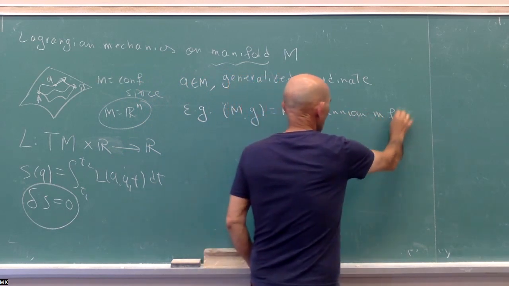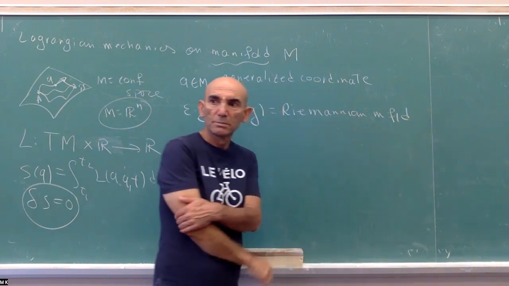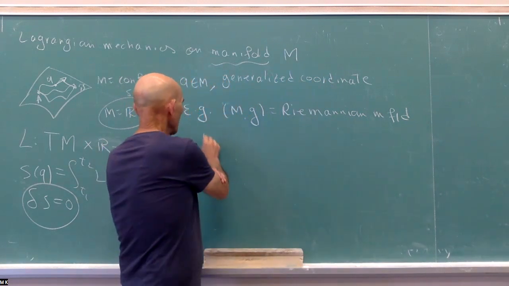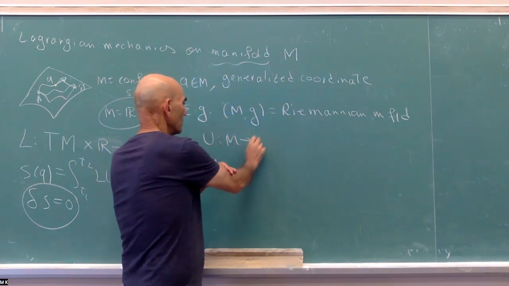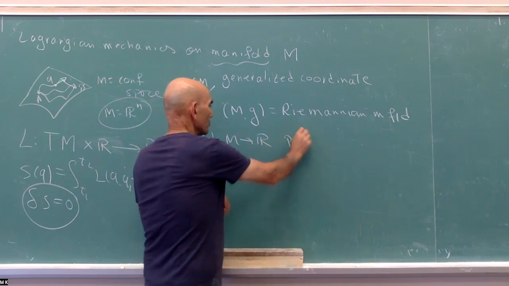So you have a Riemannian metric on the manifold. And imagine you have a potential U from M to R, some potential function.